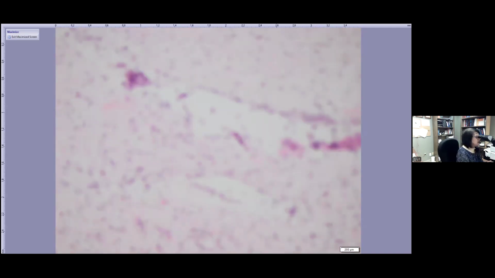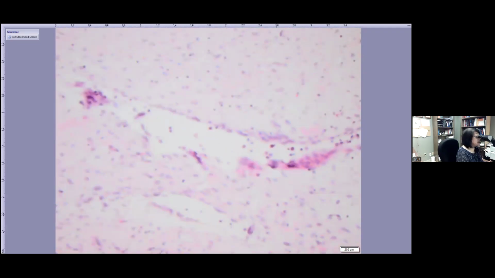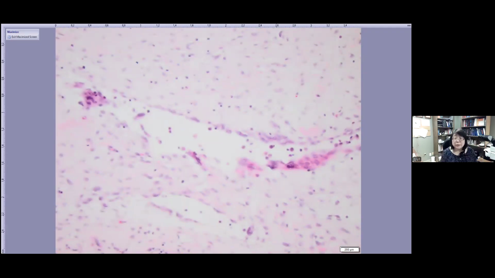They are not endothelial cells, so we call this a pseudocyst. The cystic lining cells are similar to the background spindle cells and occasional large giant cells. If we want to confirm this is not endothelial cells, you can do CD31. These cells are negative.